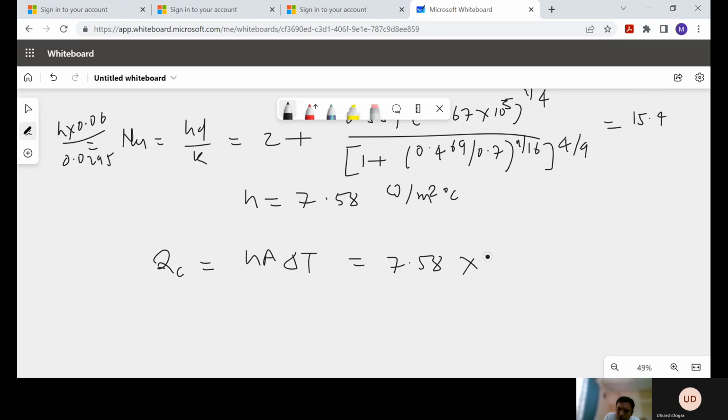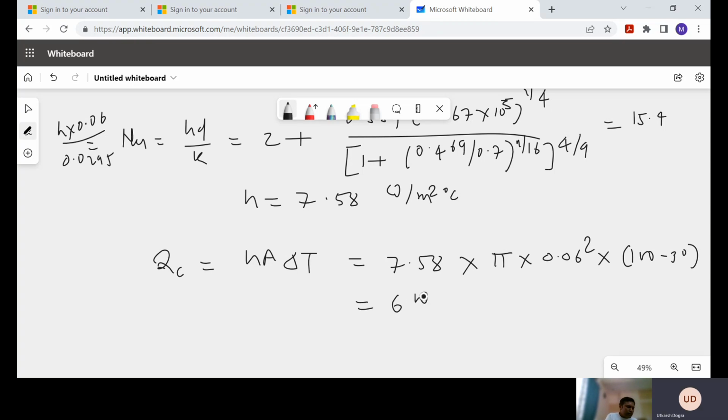Area will be pi D square, isn't it? Yes, sir. Into 0.06 square, into 100 minus 30. Check what value we are getting. Approximately 6 watt we are getting.